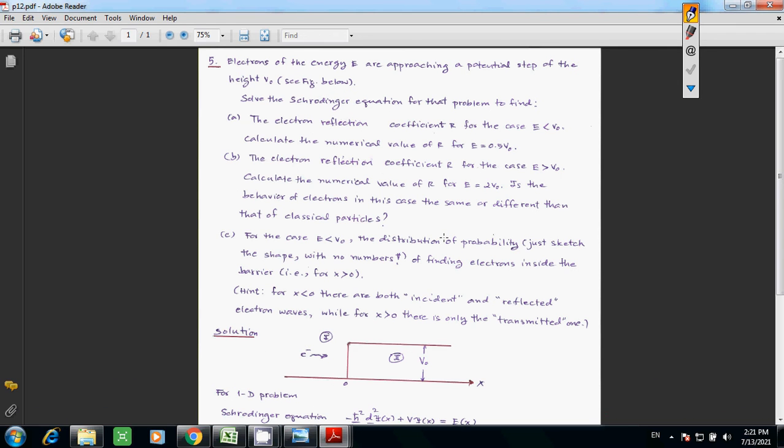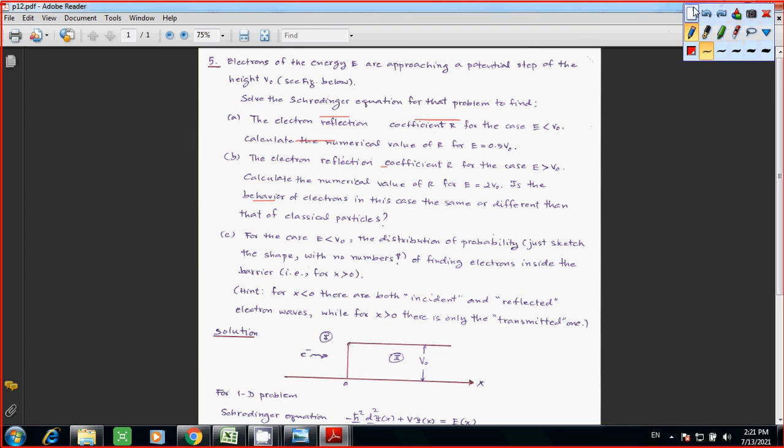Now let's move to problem number 5, also about a potential barrier. But this one we have a step potential. Electrons of energy E are approaching a potential step of height V0 from this figure.